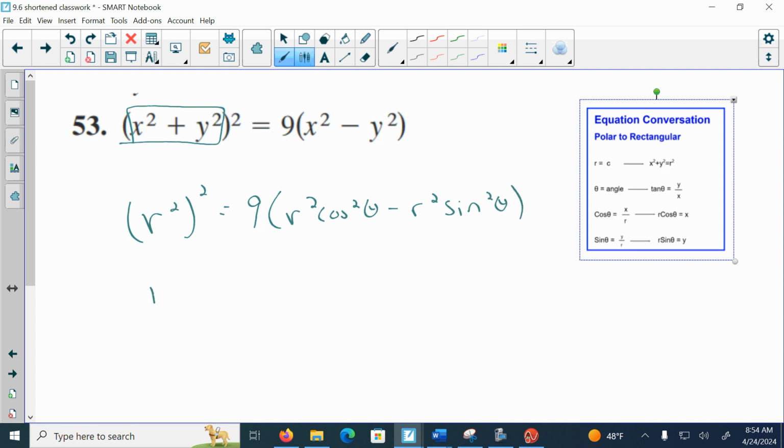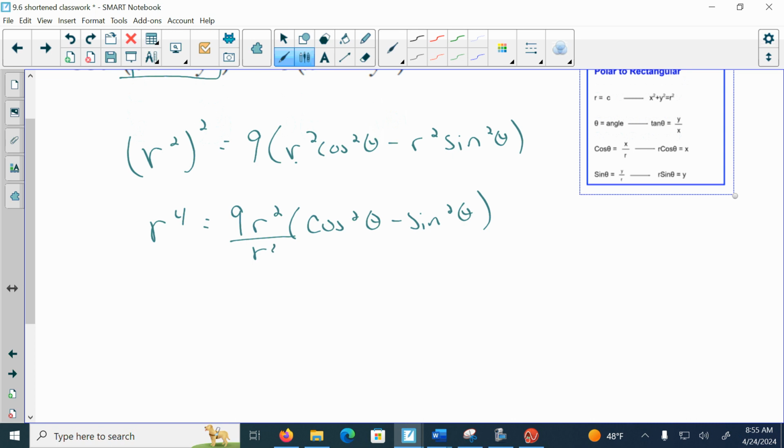So this would be r to the fourth is equal to, here I can factor out r squared and make this 9 r squared times cosine squared theta minus sine squared theta. Let's divide both sides by r squared while I'm here. So we have r squared.